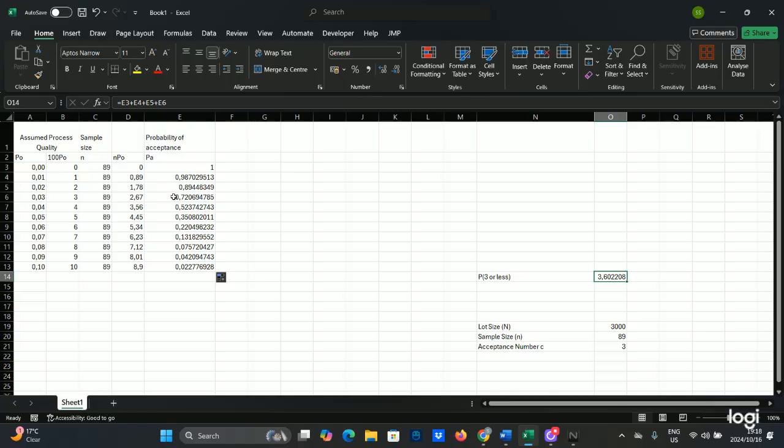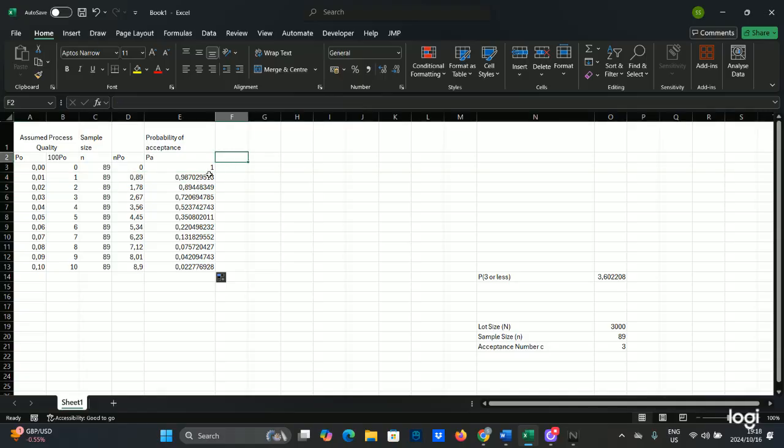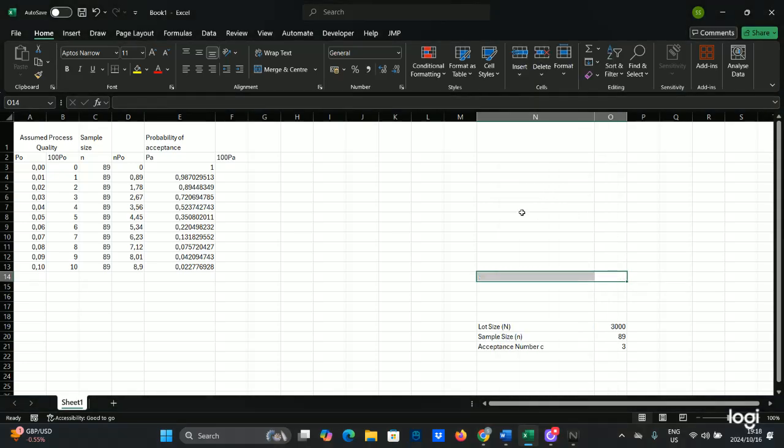Which means, as you can see, the higher the acceptance number, the lower the probability of acceptance, right? So now, to get my percentage of acceptance, 100 PA, let me just clear my content.